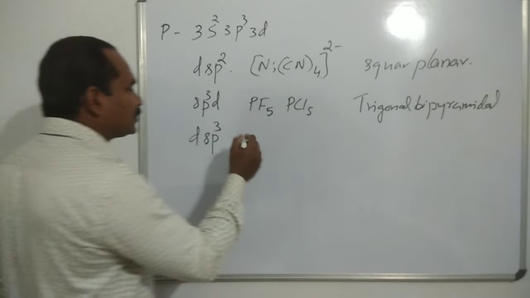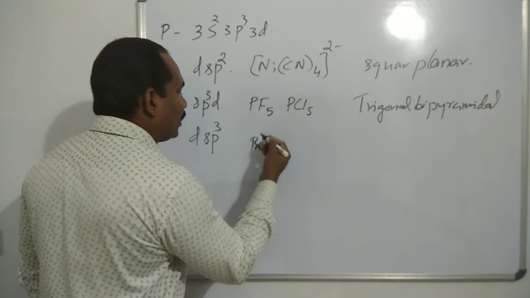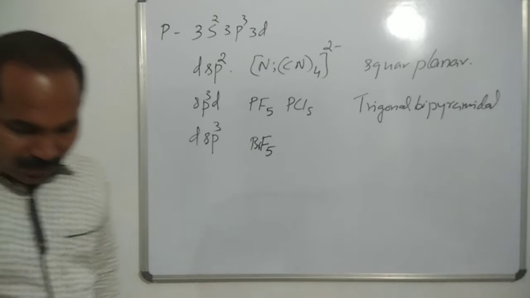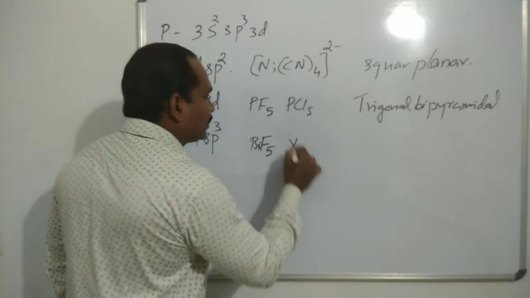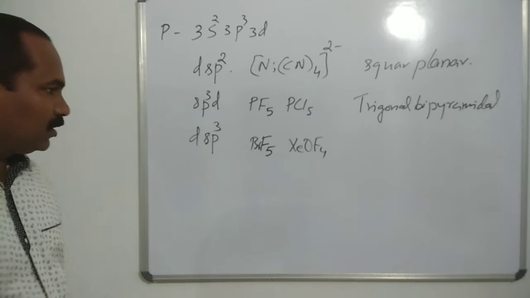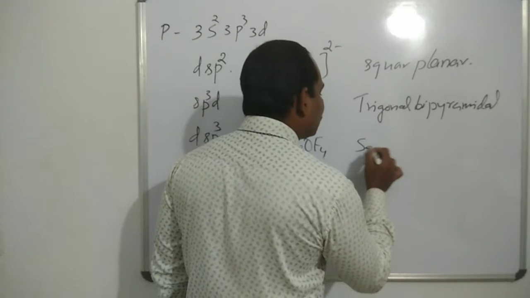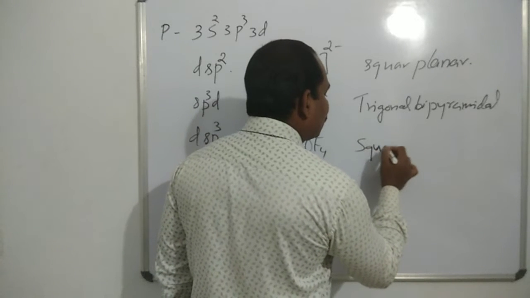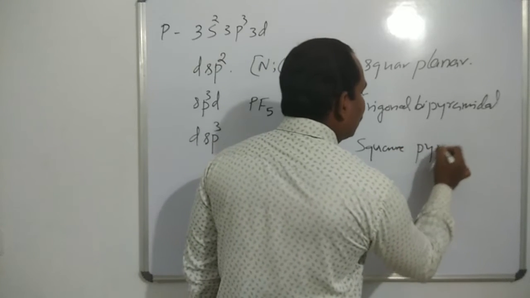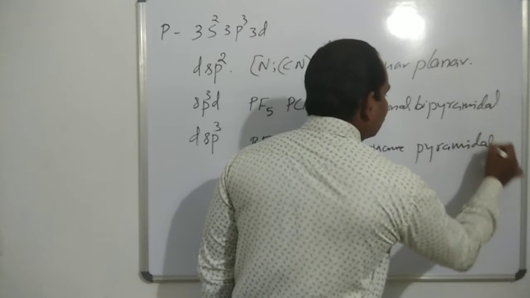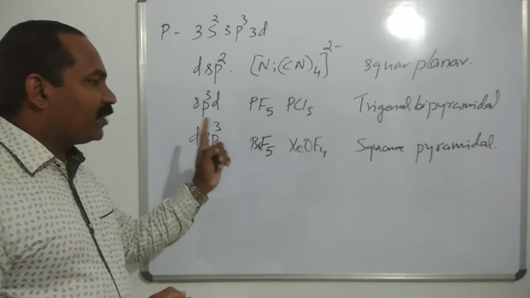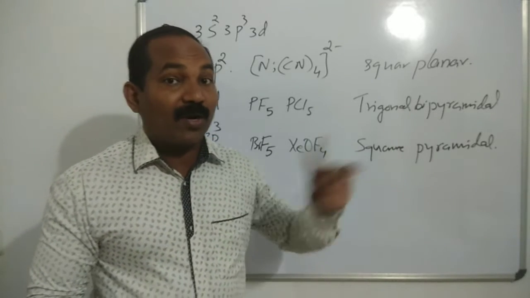dsp3, the molecule is BrF5. Another example is XeOF4. And the shape of the molecule is square pyramidal. Square planar is dsp2 hybridization, dsp3 hybridization is square pyramidal, not bipyramidal.